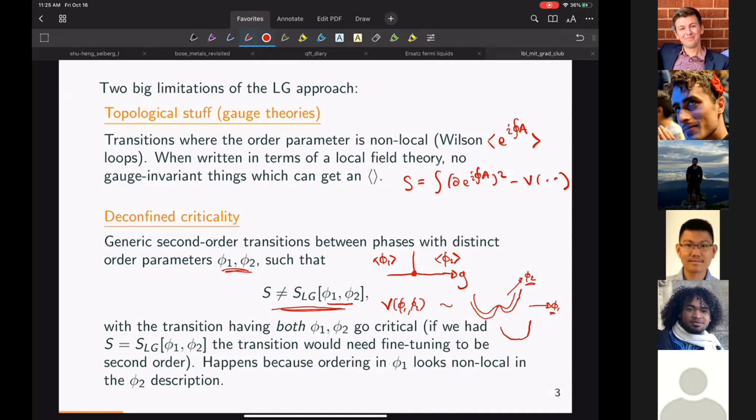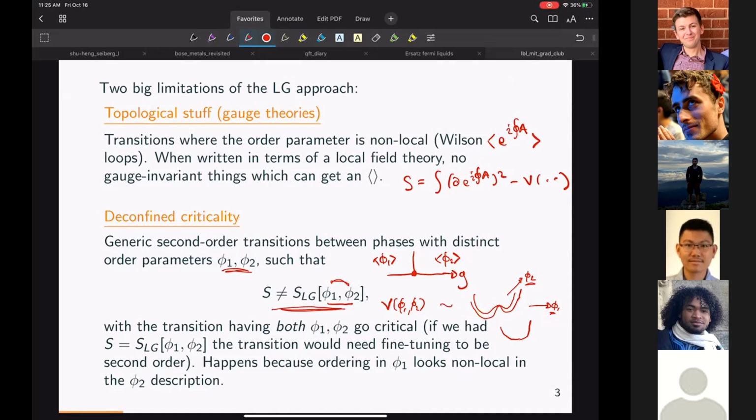In this example, you have legit gauge invariant order parameters, if you will, that are actually getting expectation values on both sides, right? So it's not as if the degrees of freedom which are getting expectation values are themselves fractionalized.